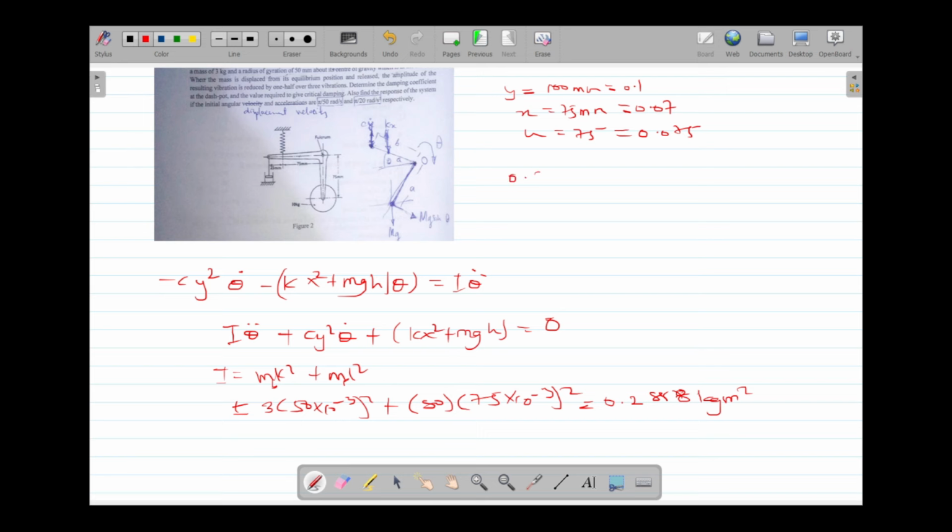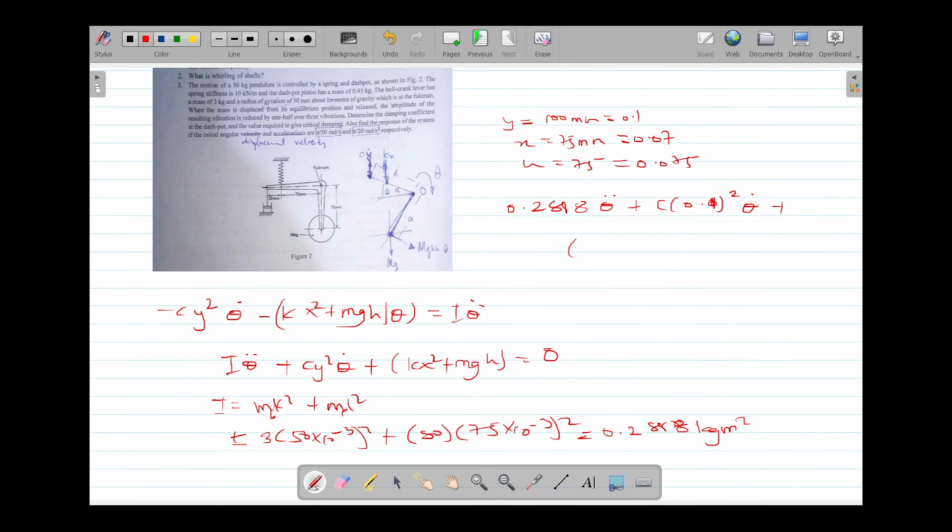All right, so let's make our substitution. So we have 0.2888 theta dot dot plus c 0.1 squared theta dot plus the k. The k is giving us 10 kilonewtons.